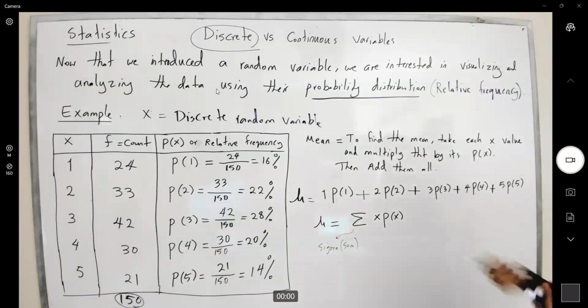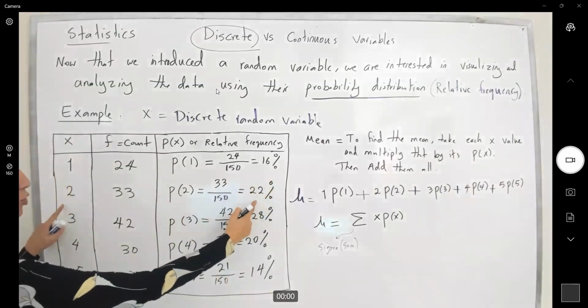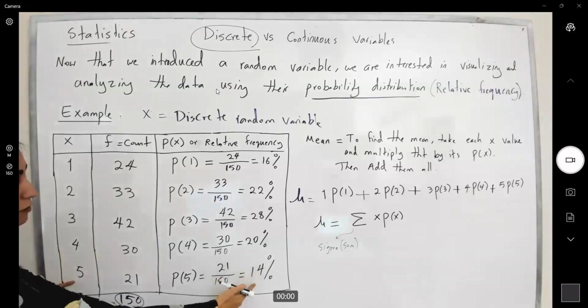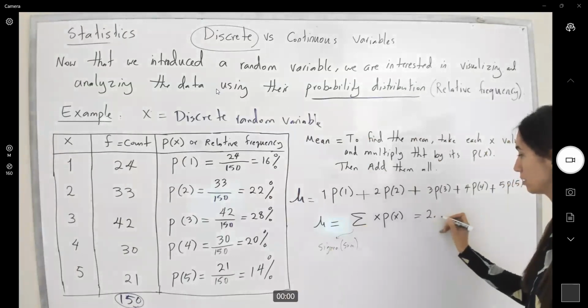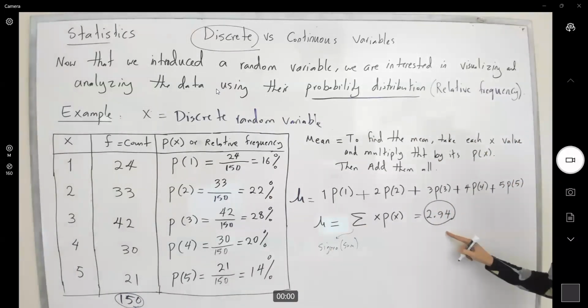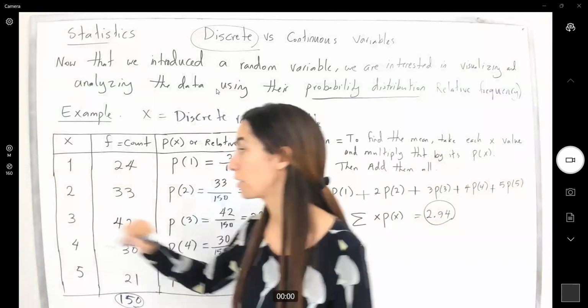So as you saw, 1 times 16%, plus 2 times 22%, plus 3 times 28%, plus 4 times 20%, plus 5 times 15% is 2.94. This is the average score. It's close to 3, so I say the average score for these employees is 3.